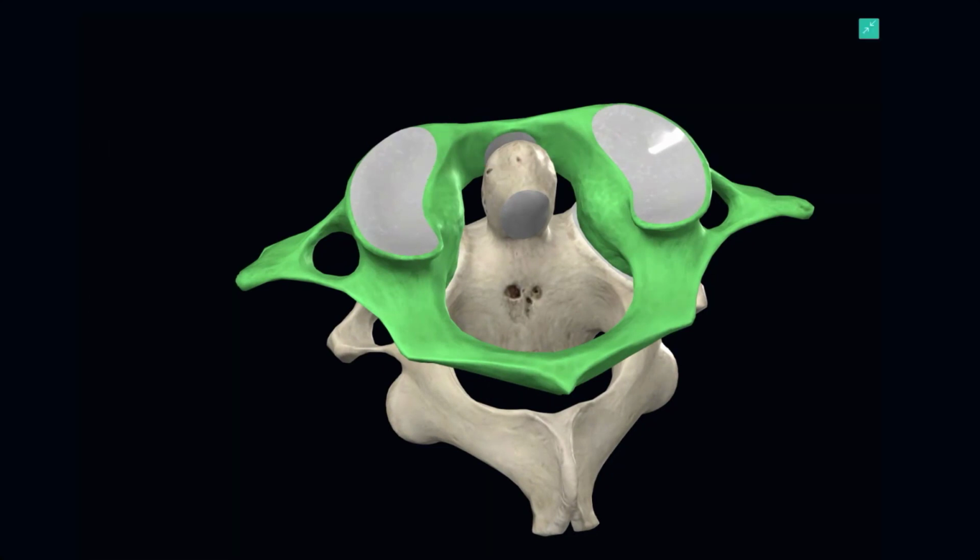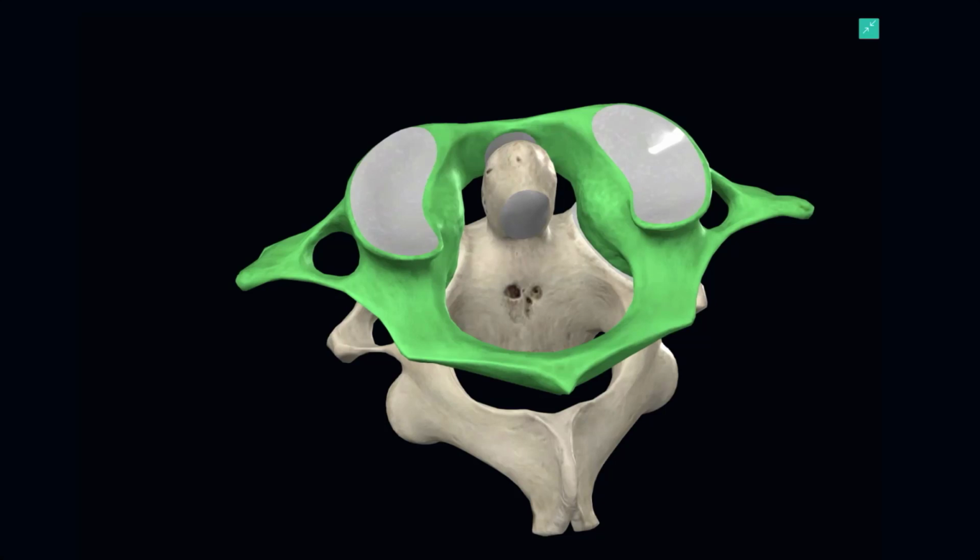And this flexibility is so important that the dens of C2 replaced the body of C1. Evolutionarily, if you wanted to escape from a predator, you had to run but look around, so your neck needed to be more flexible. So the more flexible necks the animals had, the more they could survive and produce generations, and here we are.